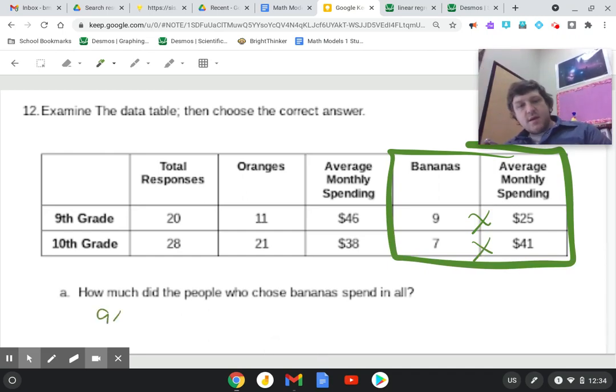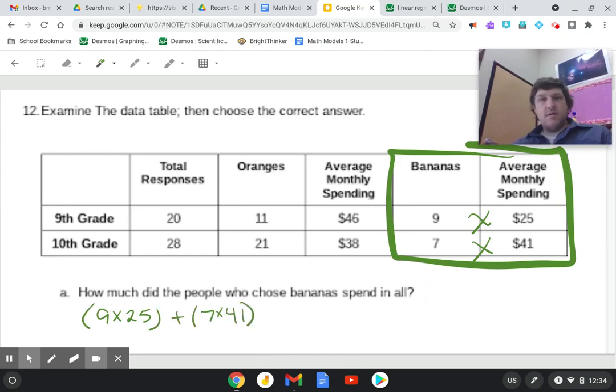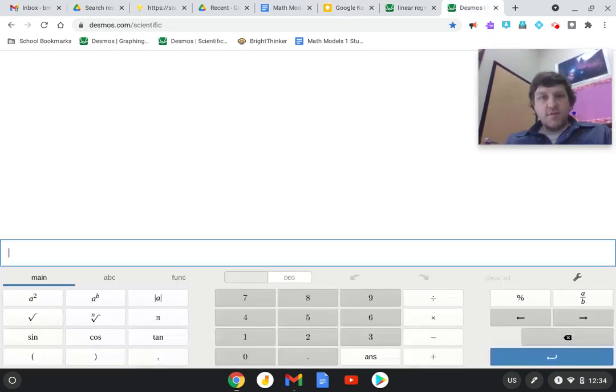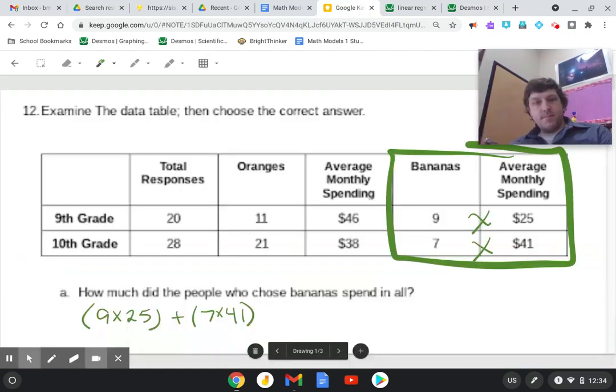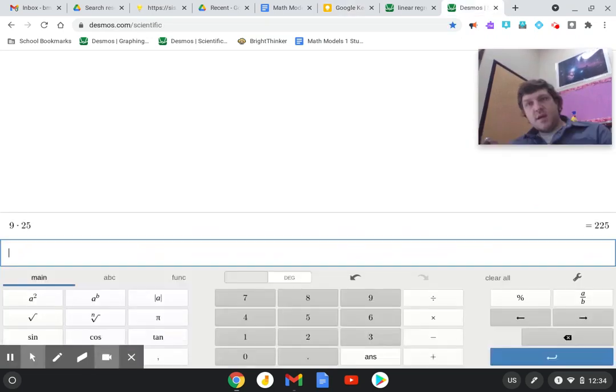So 9 times 25 plus 7 times 41. So 9 times 25, we'll hop over here. It's 225. 7 times 41, 287.